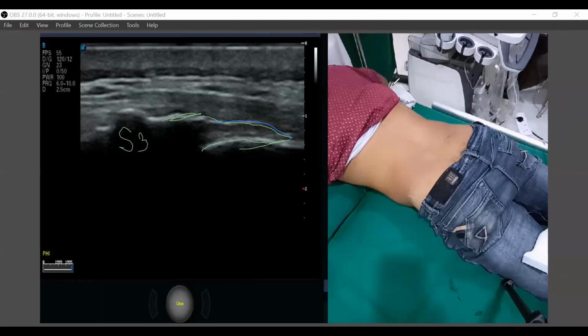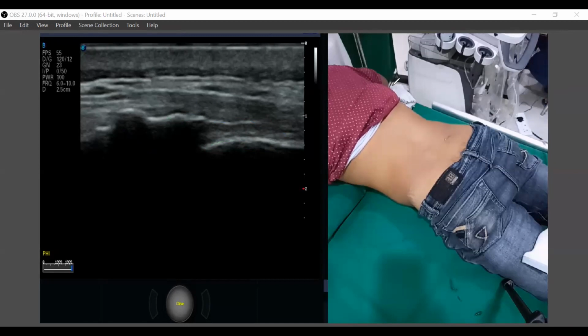But here I should say that while performing the caudal epidural under ultrasound, you should always remember that ultrasound in caudal epidural has an important drawback. And what is that drawback? Can anyone say what is the main drawback?